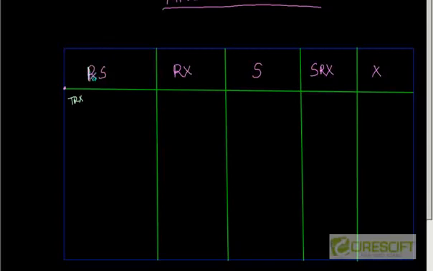This kind of lock comes into the picture whenever a transaction is going to update a couple of rows and intends to commit. So the transaction has locked rows in the table for update.